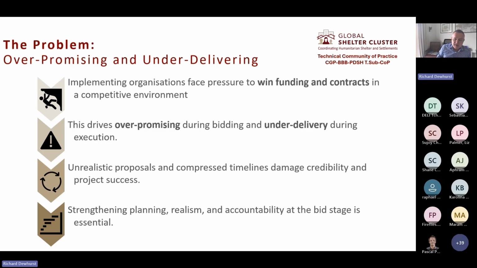And the result is under-delivery and damage to the credibility of the implementer and the sector more widely. So this highlights the importance of strengthening front-end planning to ensure realistic proposals are created and that accountability exists during the bid stage.